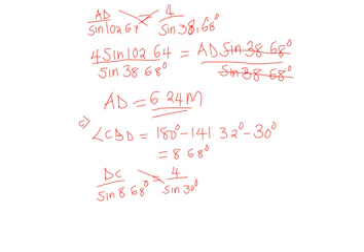So we cross multiply, and we'll have DC multiplied by the sine of 30 degrees should be equal to 4 multiplied by the sine of 8.68 degrees.